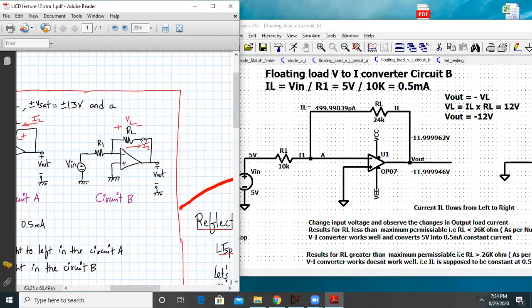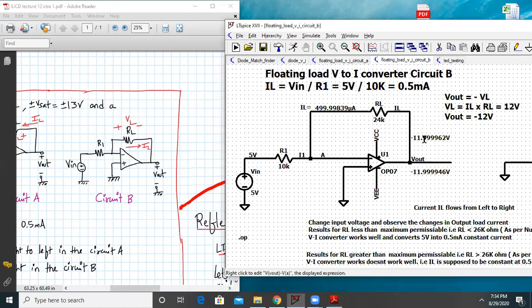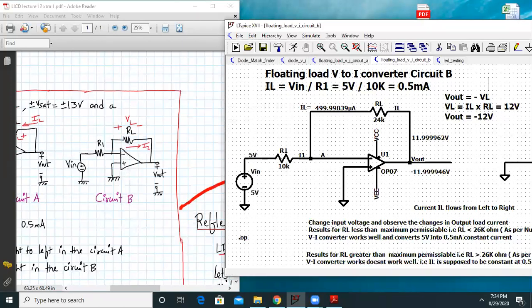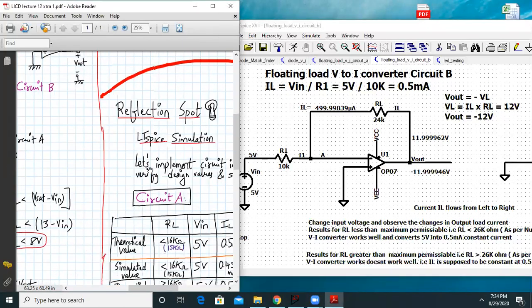Oh yes, the current direction is in this direction. VL is measured from here, plus to minus, and we are actually taking it from the other side. So I've written it wrong. It should be VA minus Vout. Then it will come properly. So now we are getting the positive value of VL perfectly fine.